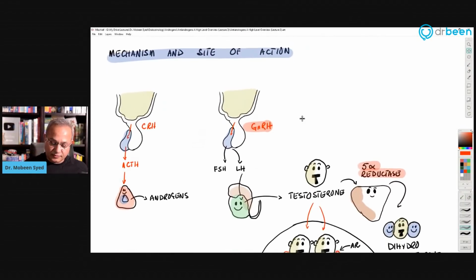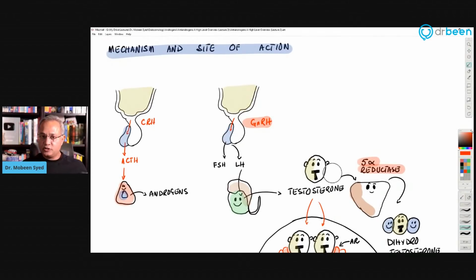So for mechanisms, first we should once again review the physiological pattern that we saw in lecture 1. What that was here is hypothalamus. Let's start from the left side of this diagram. It is hypothalamus. We know that hypothalamus sends releasing hormones via the hypothalamo-hypophyseal portal system to the anterior pituitary.